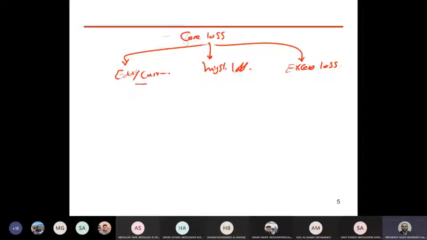This eddy current loss is a function of frequency to the power x. The power x may be a fraction, by the way. Also, there is something called hysteresis loss. I think all of you are familiar with the hysteresis band. This is the BH curve for any material. For any motor, you will find something called a BH loop.